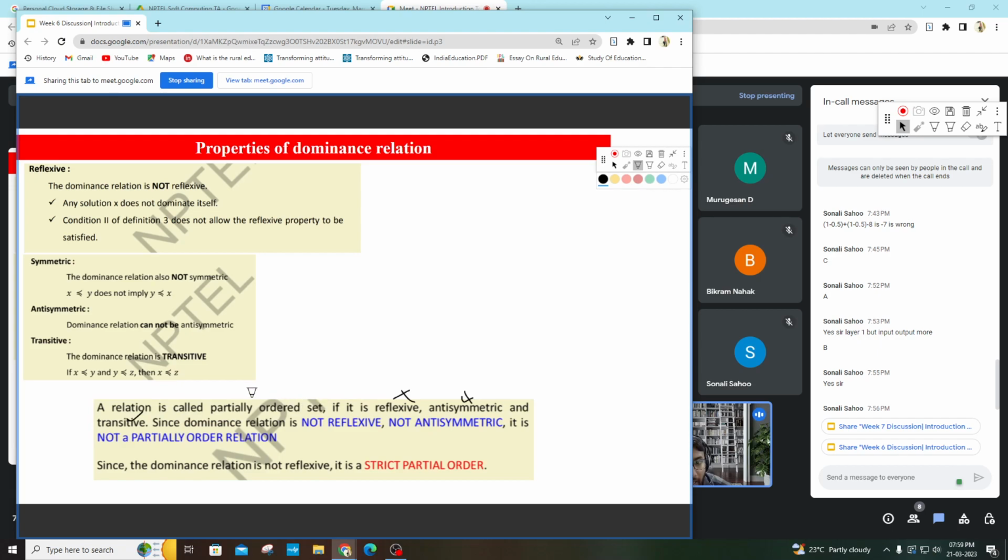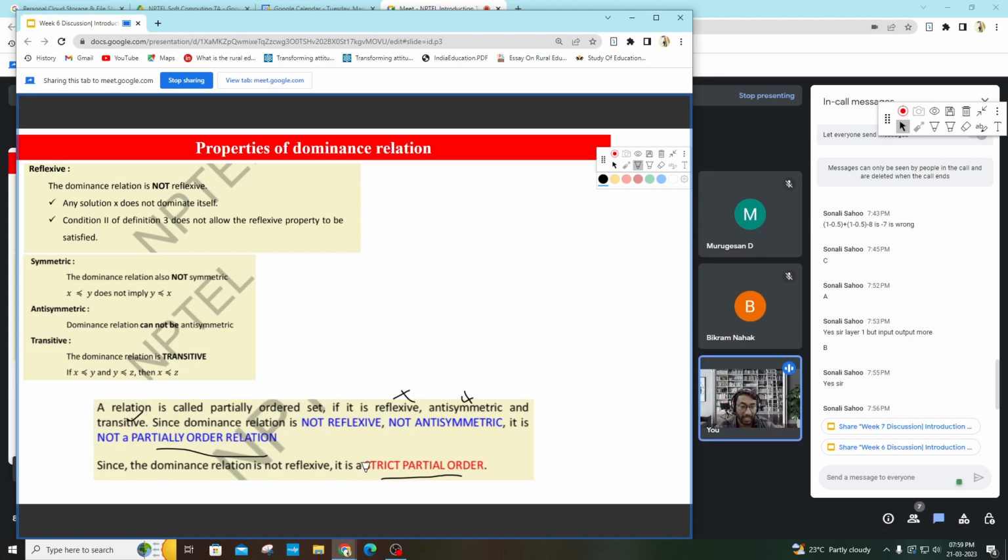It is only called a partial order relation when it is reflexive, antisymmetric and transitive. So our dominance relation is not a partial order relation. Our dominance relation is actually a strict partial order relation. When it is not reflexive, not antisymmetric, but transitive, it is known as a strict partial order relation.